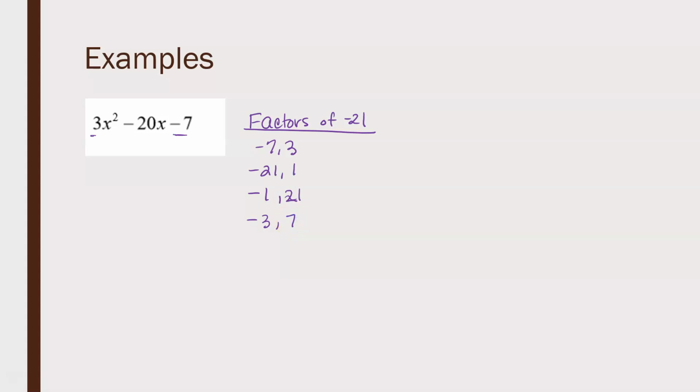So if I take negative 21 and 1, that equals negative 20. So now I'm going to get rid of my negative 20 in the center and replace it with negative 21 and 1. So I have 3x squared minus 21x plus x minus 7.